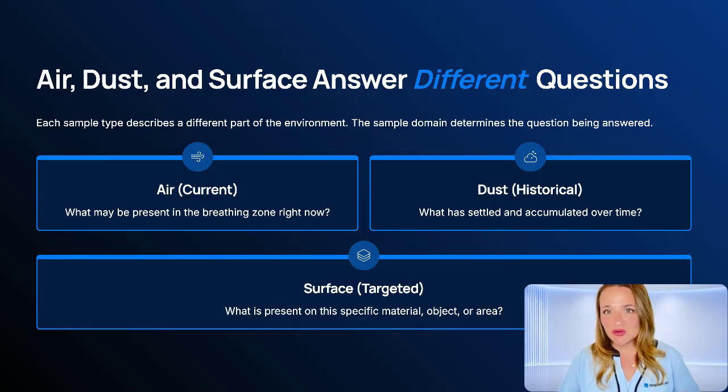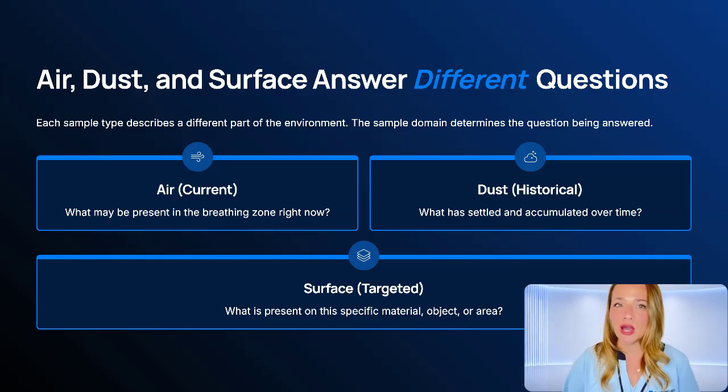And I like to think of surface sampling for maybe looking at contents, for post-remediation verification, what has truly settled on a specific surface, very targeted. Now, the air domain, of course, is so impactful, and especially for that exposure pathway. So what's in the air is what the occupants are truly being exposed to. So again, really important to distinguish between biological and chemical hazards, and then also the domains in which we are targeting and in testing, air, surface, or dust.